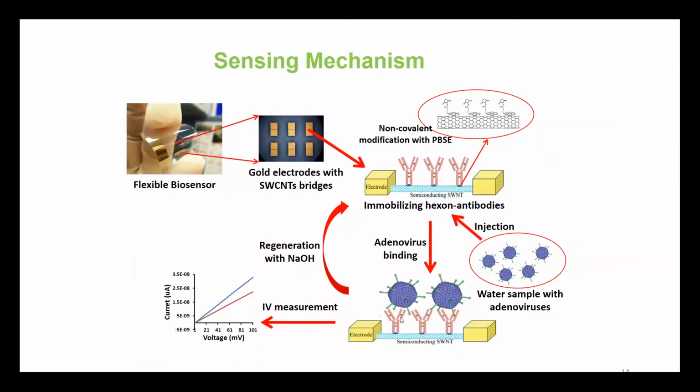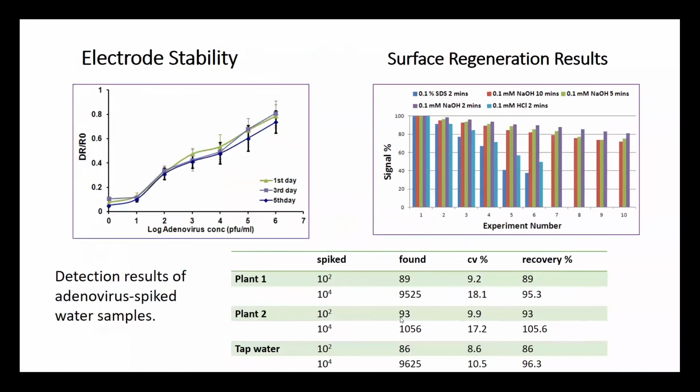So we inject a lower or higher pH solution on the surface to try to cleave the adenoviruses from the antibodies. But because the antibodies are quite sensitive, harsh solutions like SDS and hydrochloric acid just denature the surface, but we can get a good result with 0.1 millimolar sodium hydroxide for 2 minutes of incubation. After the 10th usage, we still have 80% of the signal.